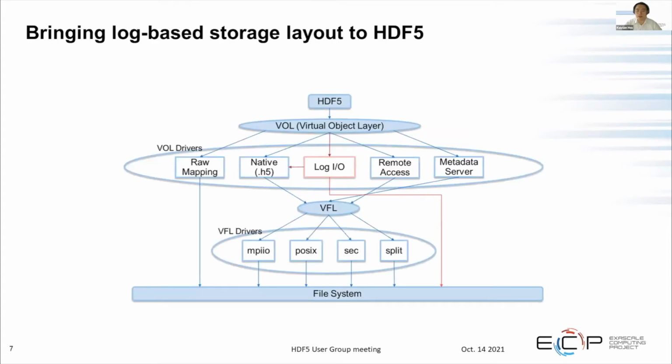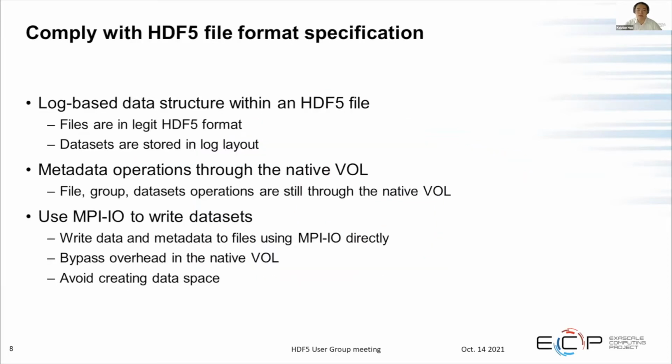This figure shows the relation of log-based VOL with other HDF5 components. It interacts with both the native VOL and the file system. The log-based VOL stores its log data structure in an HDF5 file. The output file of the log-based VOL remains a valid HDF5 file, except that only log-based VOL can decode the content of datasets.